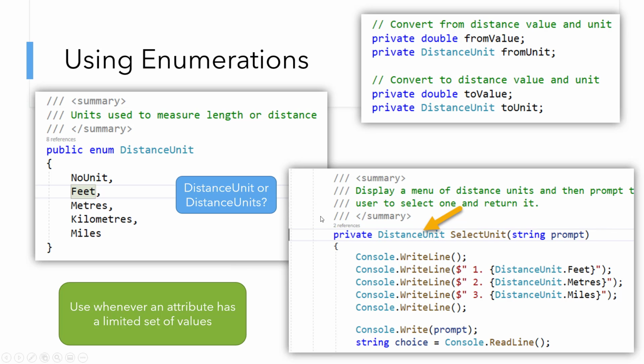It is better because you're unlikely to make mistakes. If you use strings, quite often you can make mistakes with strings, whereas if you've got a list of defined values, it's far more difficult to go wrong.